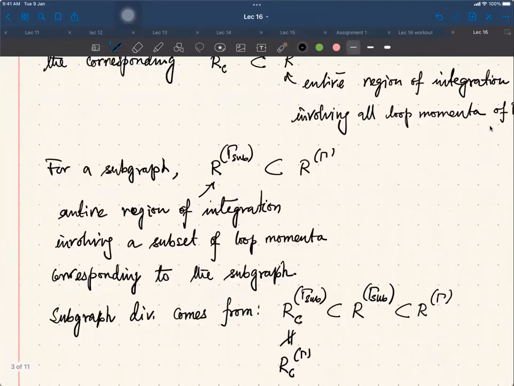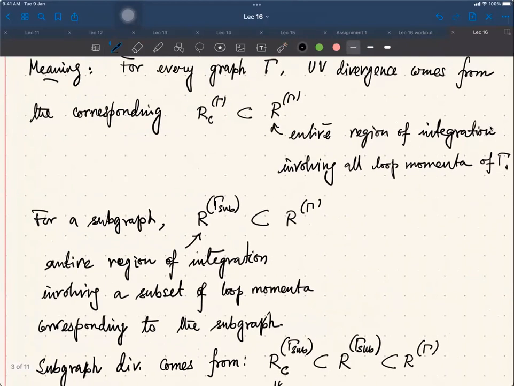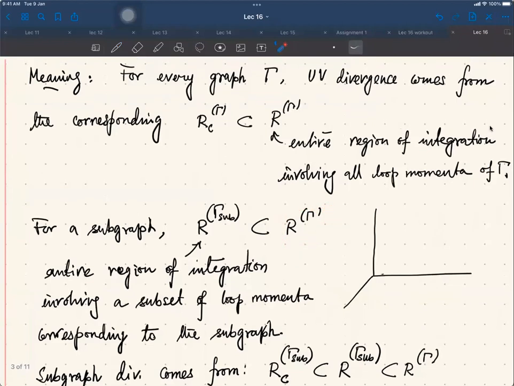How do they differ? If I take a cartoon of a three-dimensional space, say like this, and this three-dimensional space is R gamma, then R gamma C is actually the diagonal in this three-dimensional space, where you take the 3 components to be equal to the same K, draw the diagonal, and take the length K to infinity.